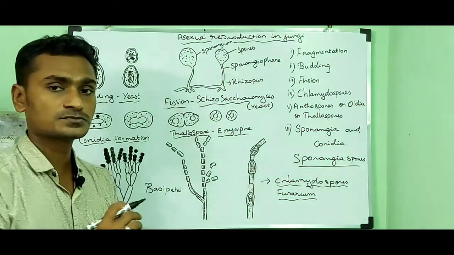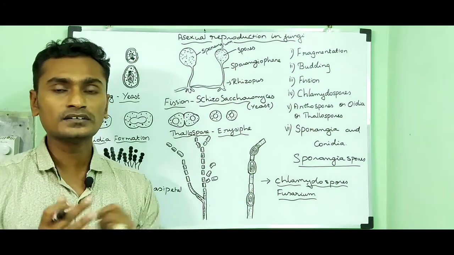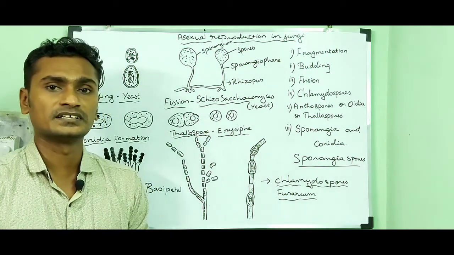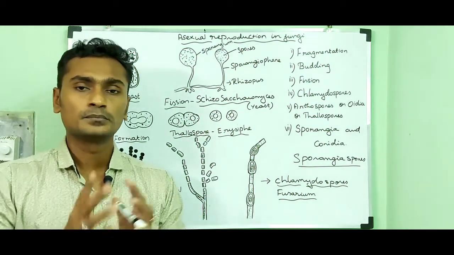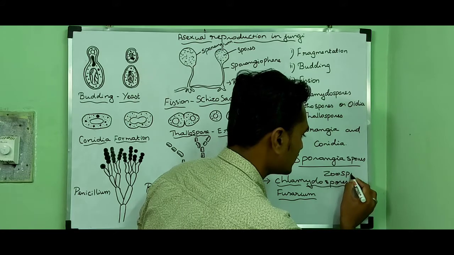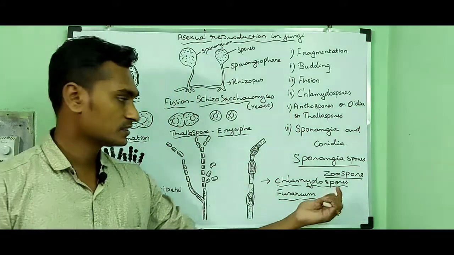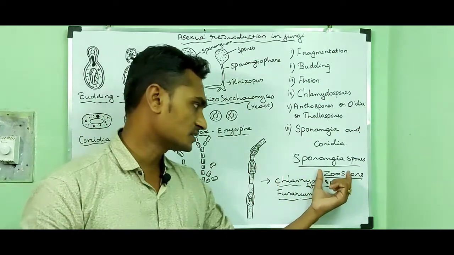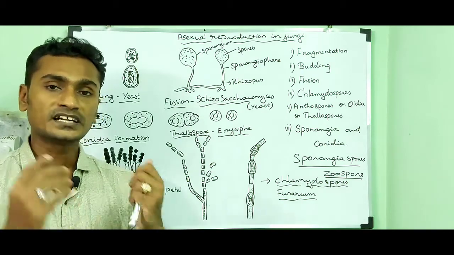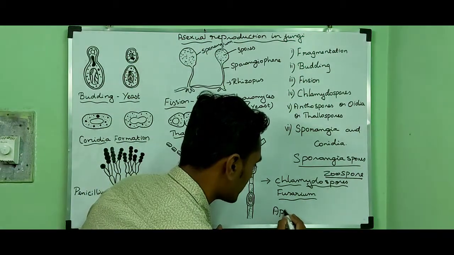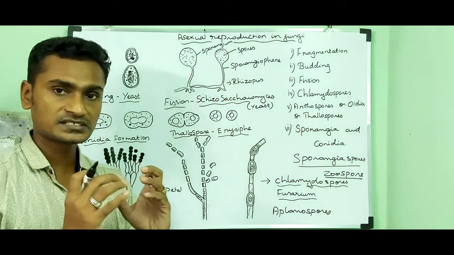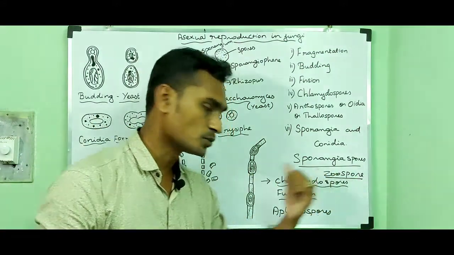These sporangiospores may be flagellated or non-flagellated. If the spores bear flagella, they may be uniflagellated or biflagellated, and those spores are called zoospores.